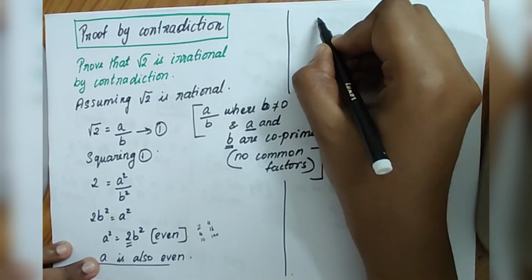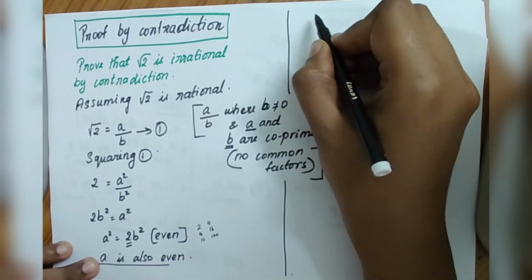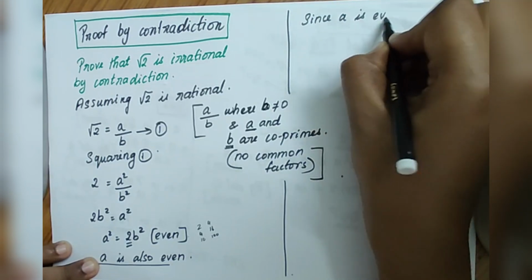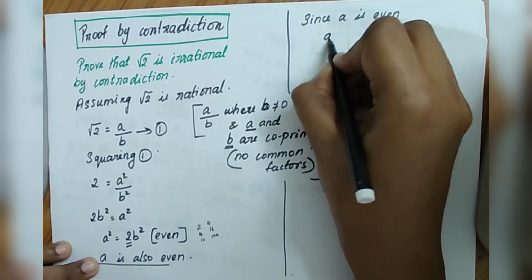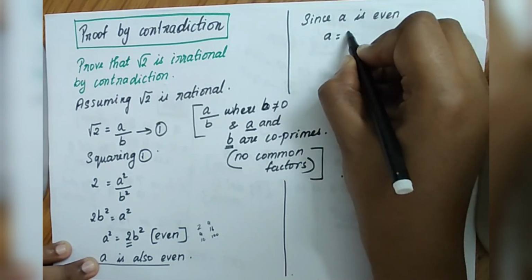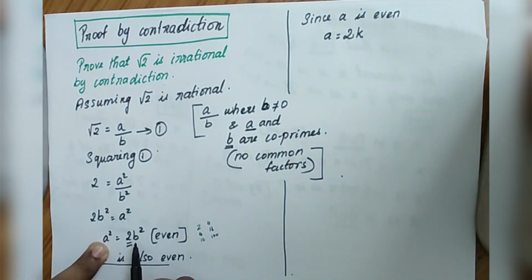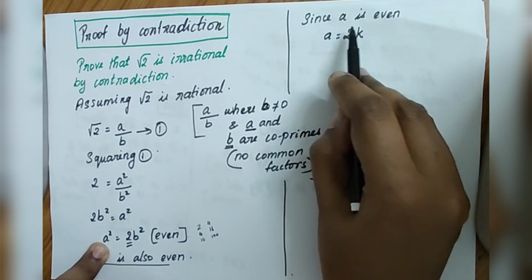Now, we know that since A is even, I'm going to assign a new variable k, an even variable, to find this B. That is why I'm taking a new constant, 2k.